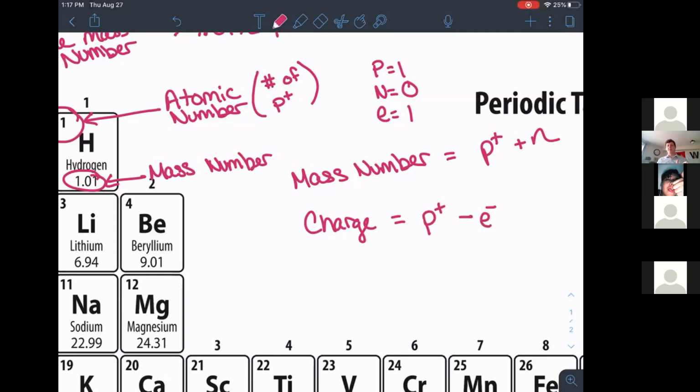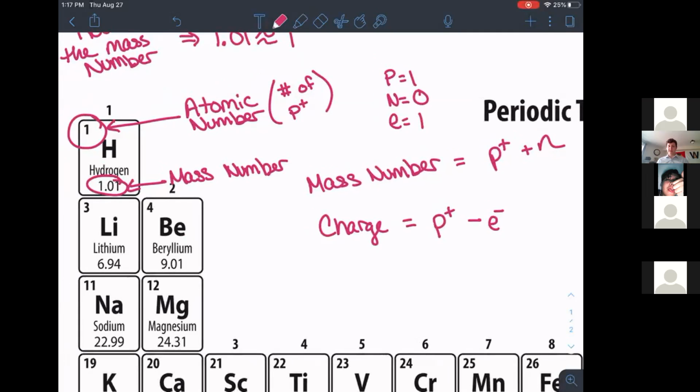So if we subtract our protons and electrons, they should add up to 0 for this one. So our number of protons for right now is always going to equal our number of electrons unless I tell you that I want a charge on your atom. So unless there's a charge on your atom, you're always going to put the number of protons equal to the number of electrons.